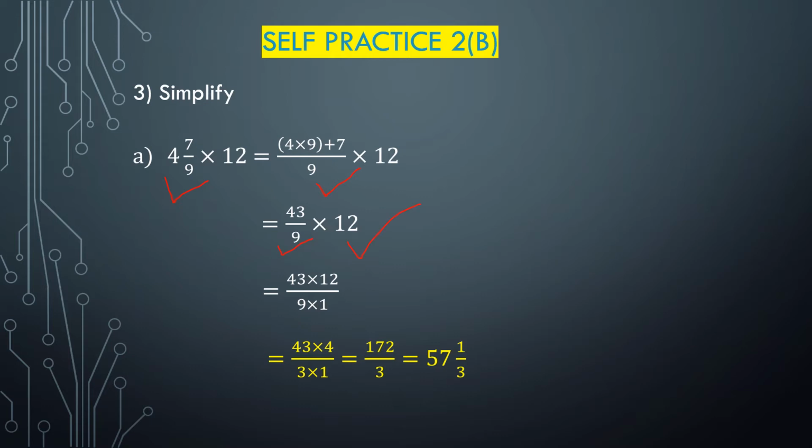Now the product of a fraction and a whole number is the product of the numerators divided by the product of the denominators. 43 multiplied with 12 divided by 9 multiplied with 1.